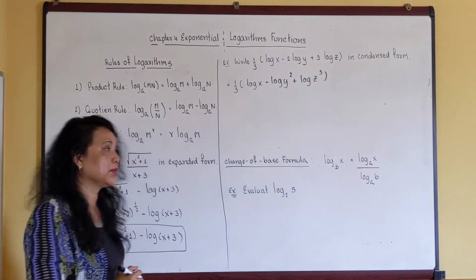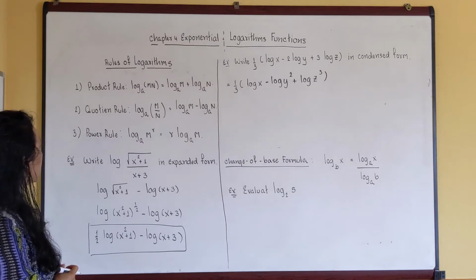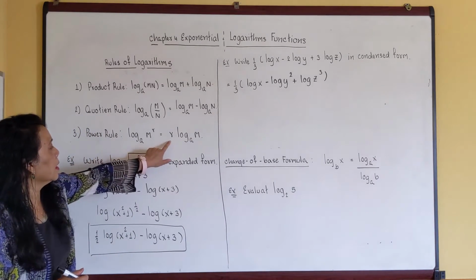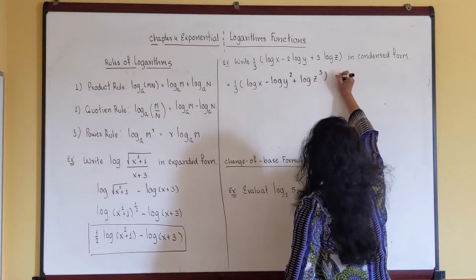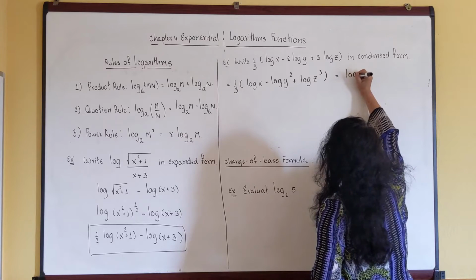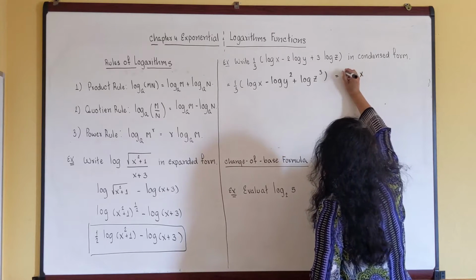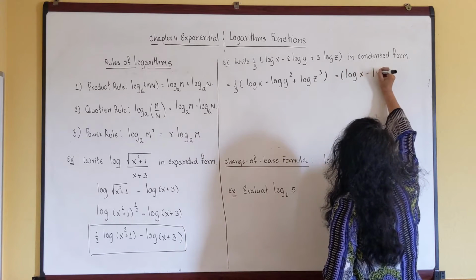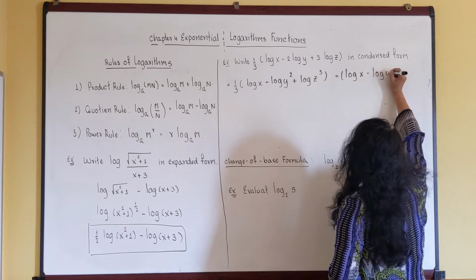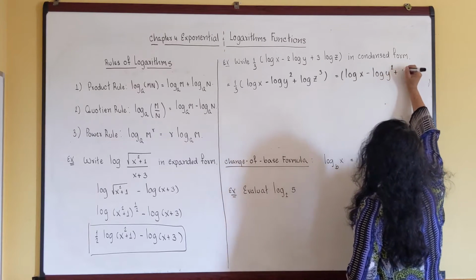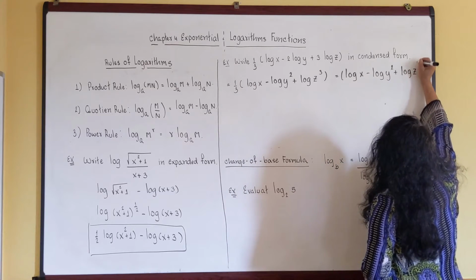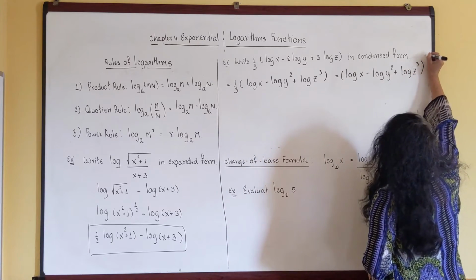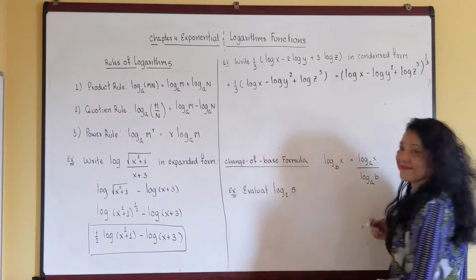I'm using the power rule again, I'm going to bring this over here. So I'm going to have log of x minus log of y squared plus log of z to the 3rd, all raised to 1/3. Right?